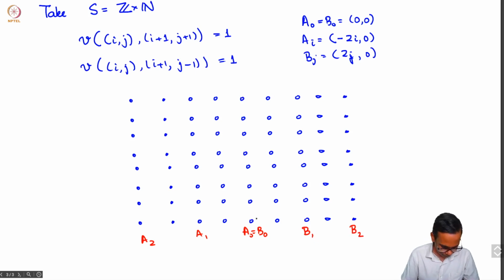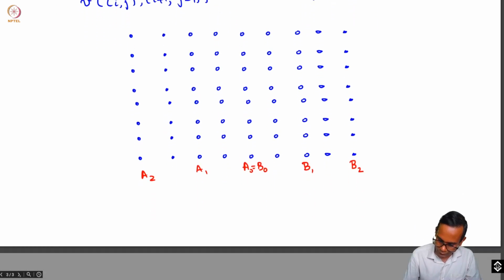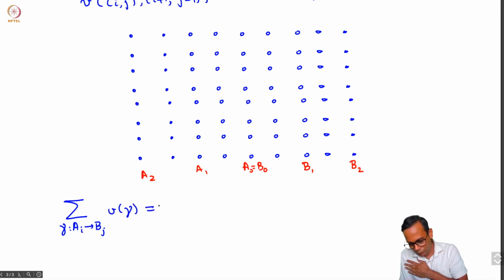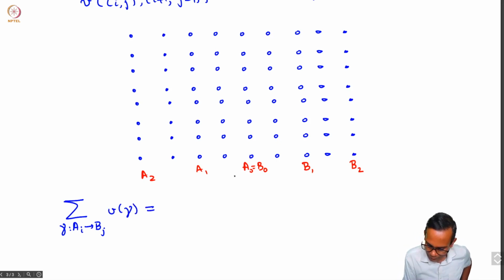And so let's ask ourselves, what is the sum of the weights of paths from ai to bj? Well, each path has weight 1. It can take northeast or southeast steps, and it must be of length i plus j.